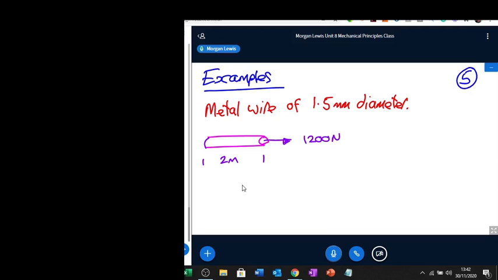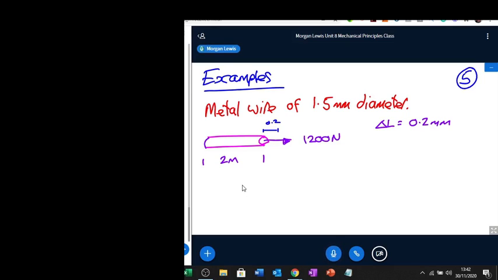Metal wire 1.5 diameter, it's got 2 meters, 1,200, and that force, so the change in length, let's say it stretches it 0.2 millimeter, which means it's been stretched, exaggerated, right, 0.2. So the force is pulling this wire and is stretching it by 0.2 of a mil.